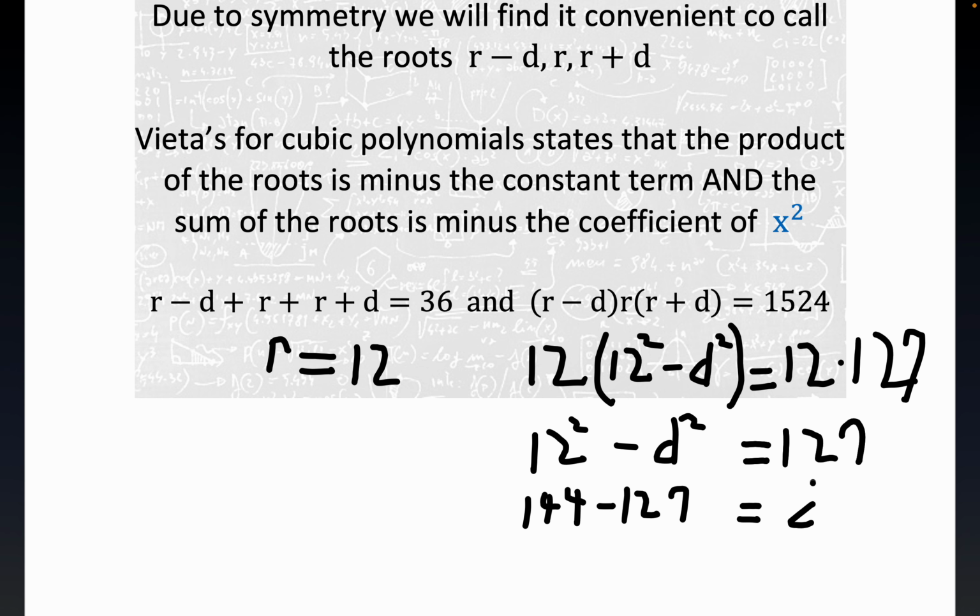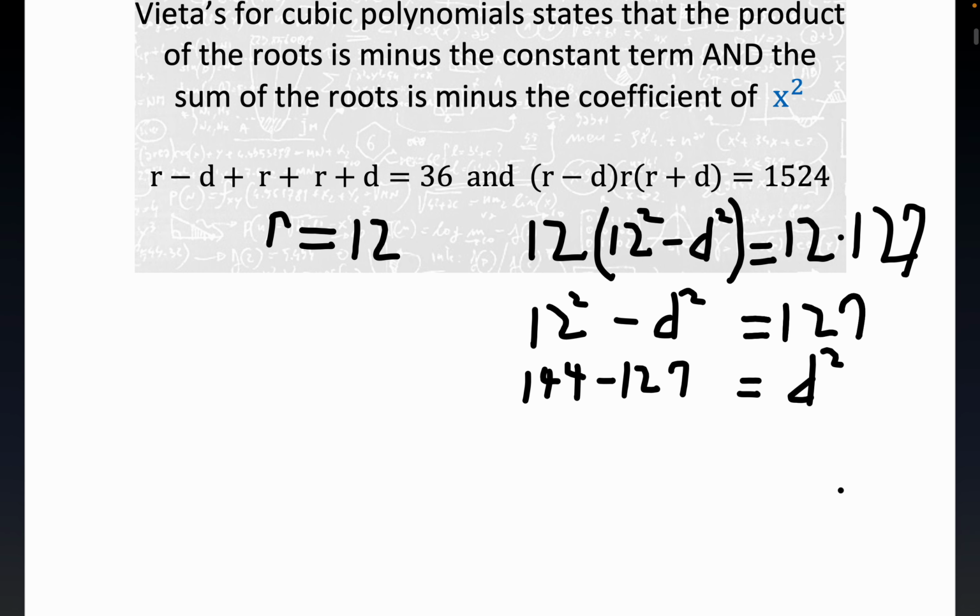And we are talking about positive values here. This would have positive and negative solutions. But this difference right here is 17, so you would get the square root of 17 is equal to d, which is our common difference. And that's the answer to the question, folks. This is the answer to the question.